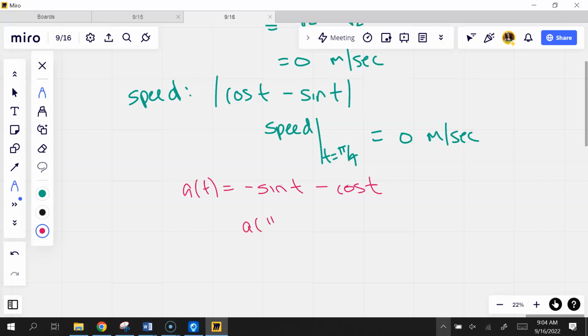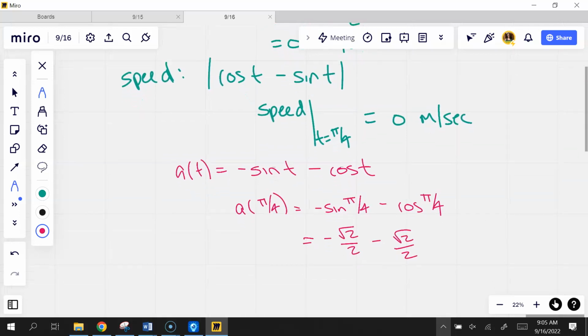Now the acceleration at pi over 4: negative square root of 2 over 2 minus square root of 2 over 2 is negative square root of 2 meters per second.